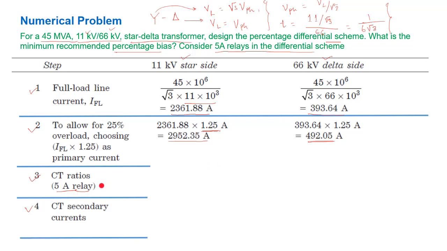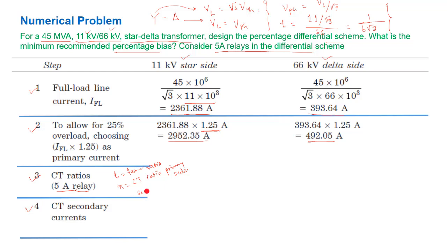Already I told you previously that when we assume the CT ratio at the primary side, we can find the CT ratio at the secondary side. If we say that T is the transformer ratio and N is the CT ratio at the primary side, then in the secondary side what will be the CT ratio?